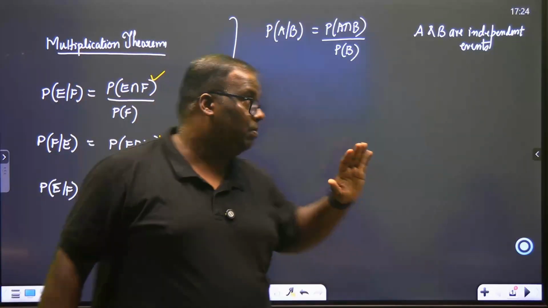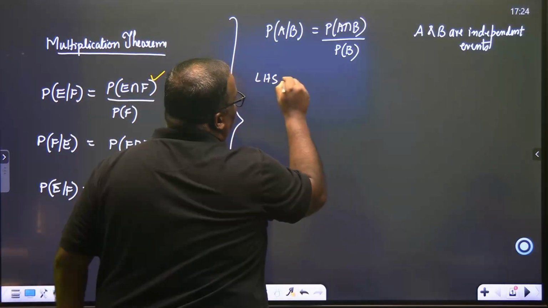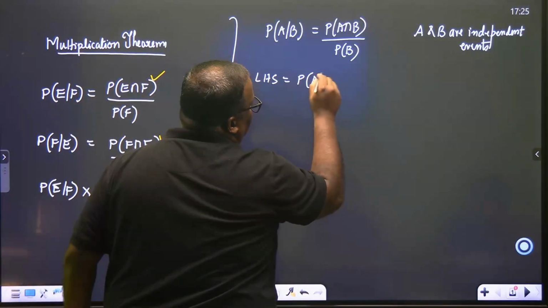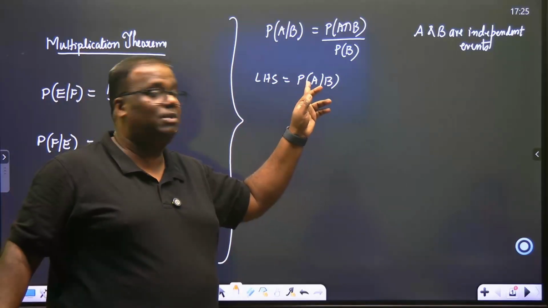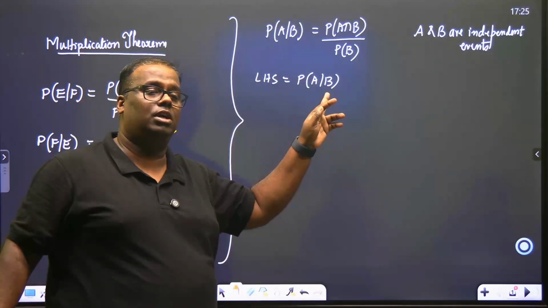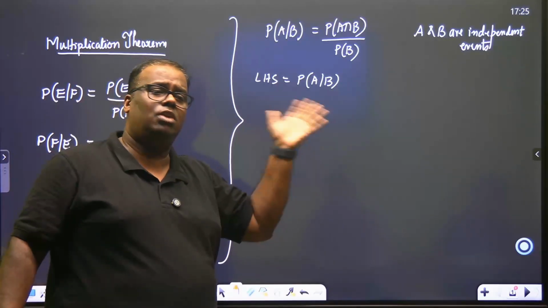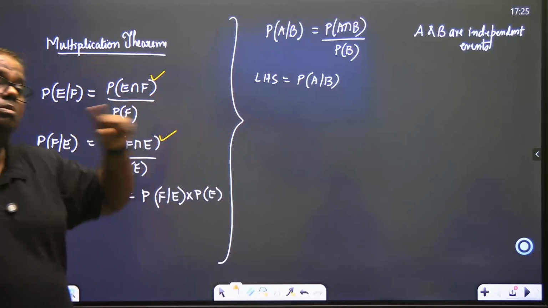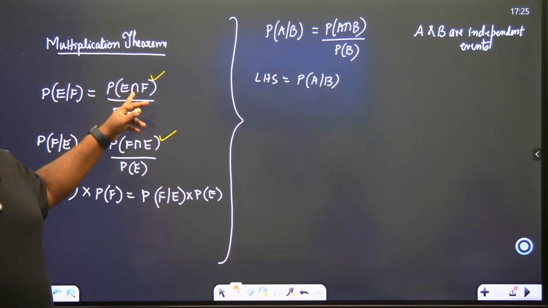Clear? So this term, the LHS, can now be interpreted as P of A. Look, the probability of happening of A given that B has already occurred. What do we mean? It is the probability of A because they are not related. Conditional probability changes in case of independent events. Here the events were dependent.